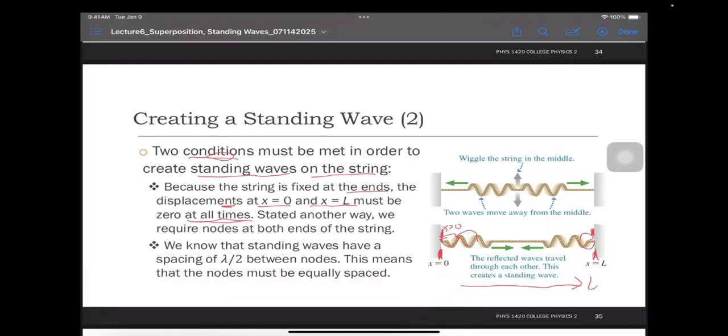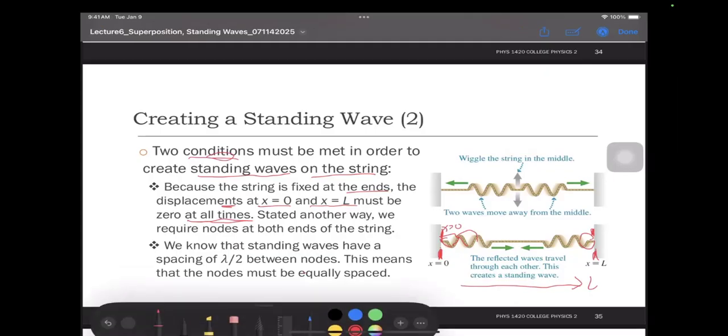Standing waves have a spacing of lambda divided by 2 between nodes, which means the nodes must be equally spaced.